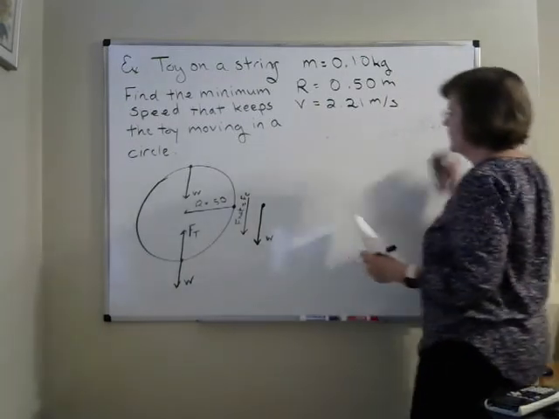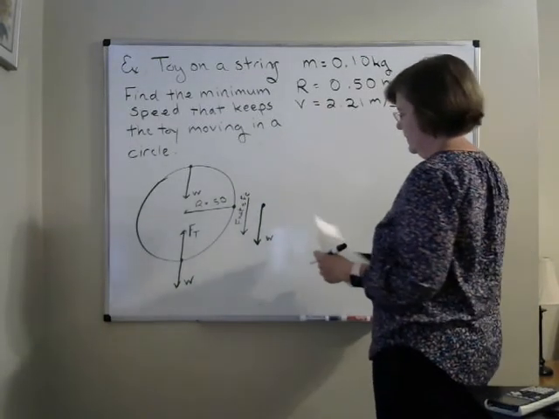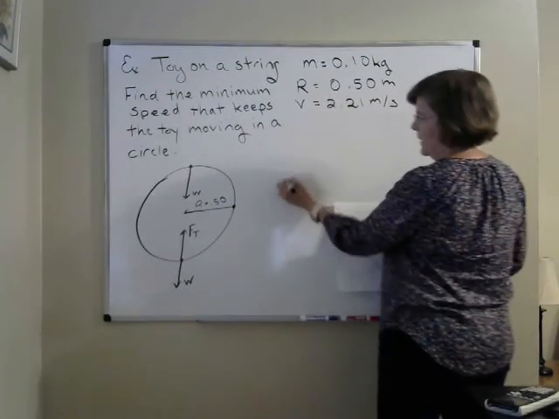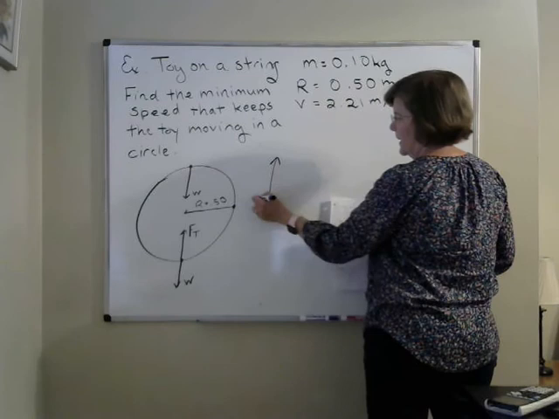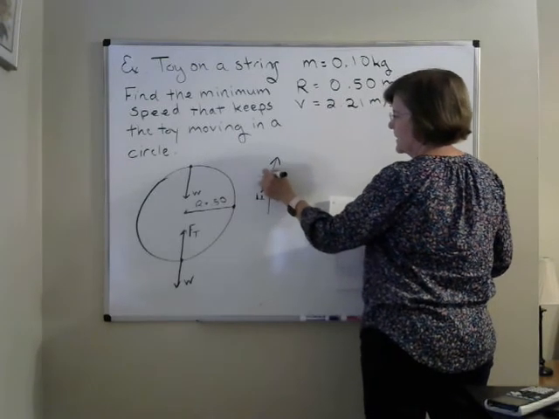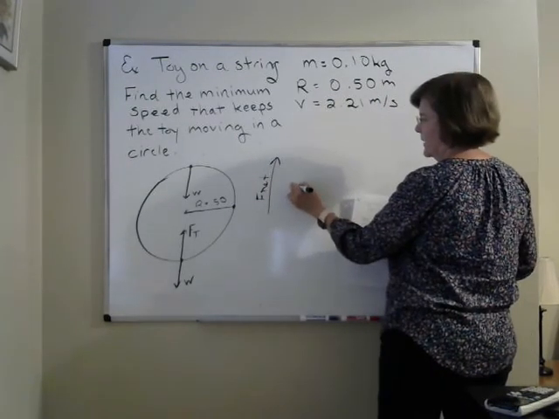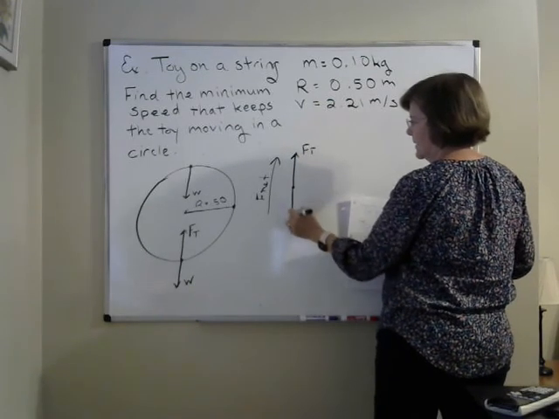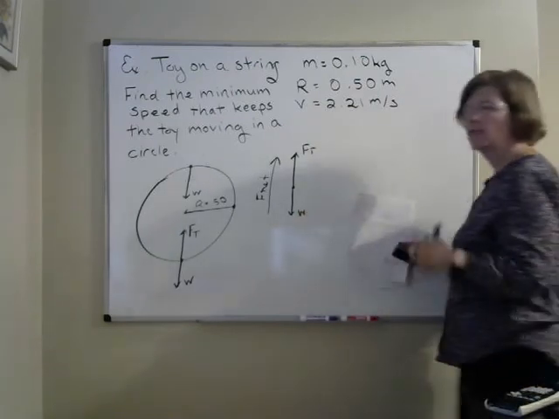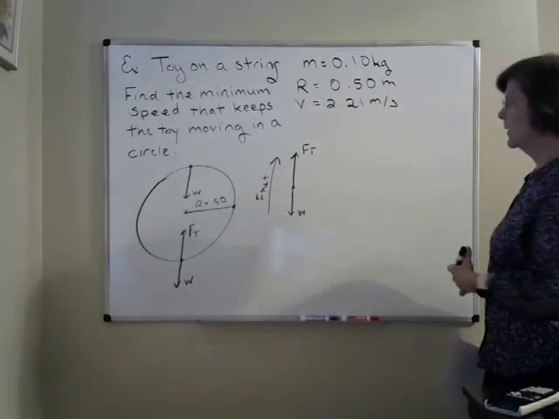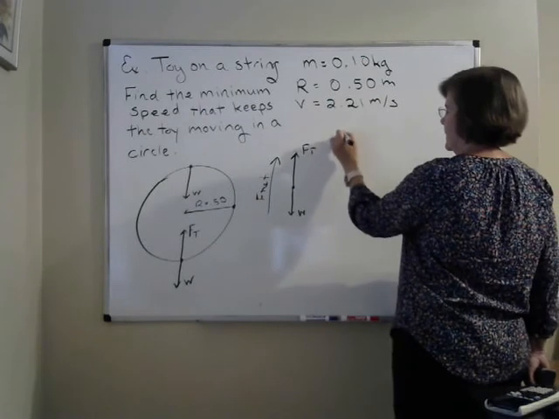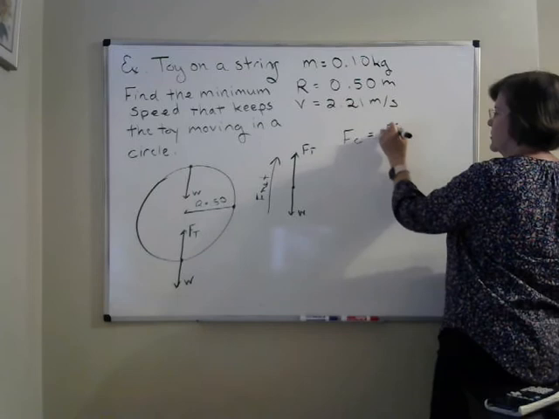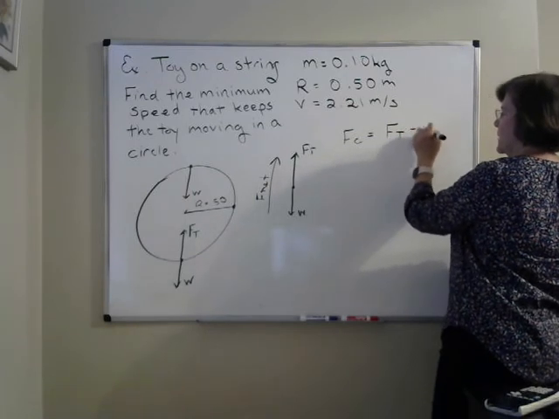If I draw a free body diagram at the bottom, let's think about what that looks like. At the bottom, the net force has to be up because it has to be towards the center. And we know those forces are the force of tension and the weight. Obviously, the tension in the string is going to have to be more than the weight. So the net force, or the centripetal force, has to equal the tension minus the weight.